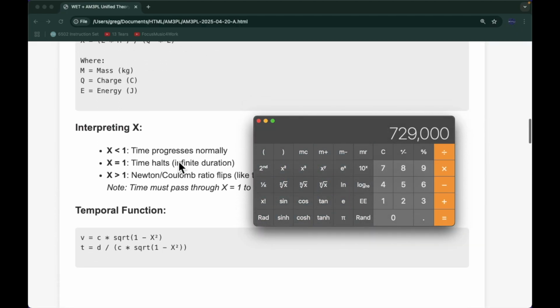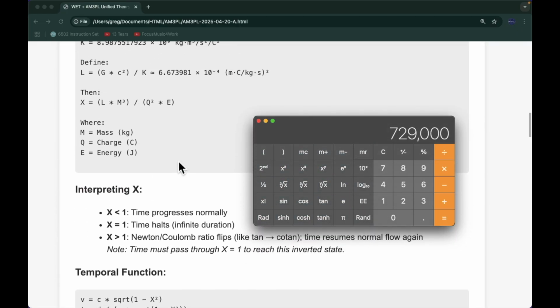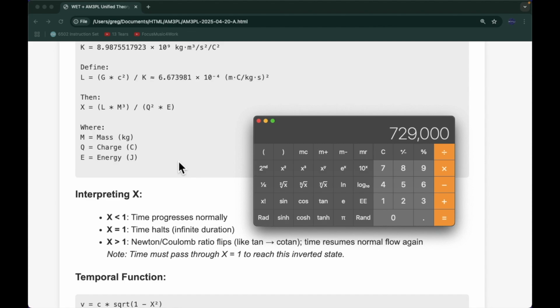So we go charge, divided by charge, which is 9, we've got to square it. And then we go equals, and we divide by 6 joules.